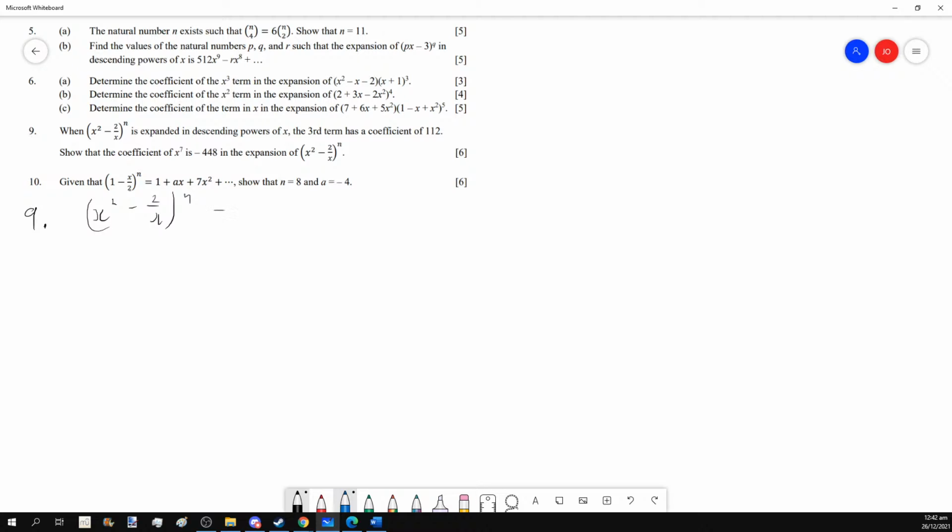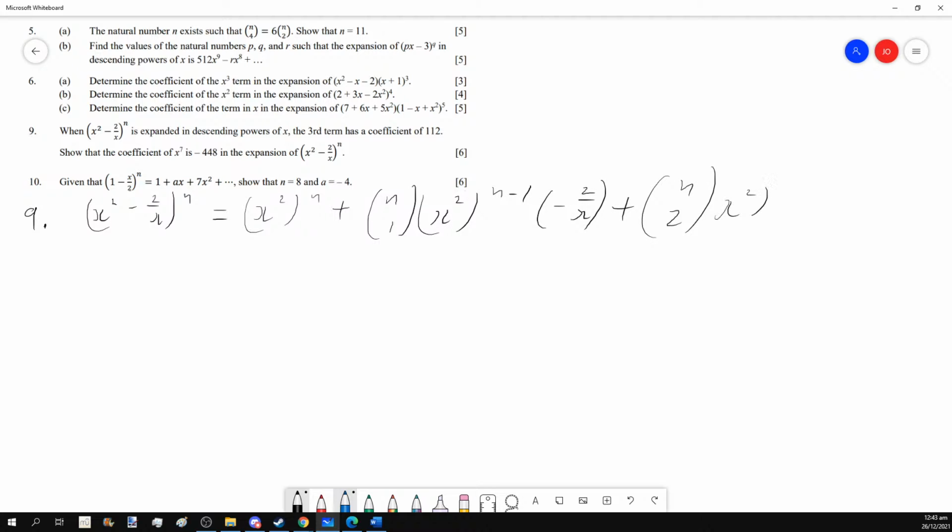So let's just do this immediately. The first object will be like this. The second object will be like that. The third object will be like this. Right?